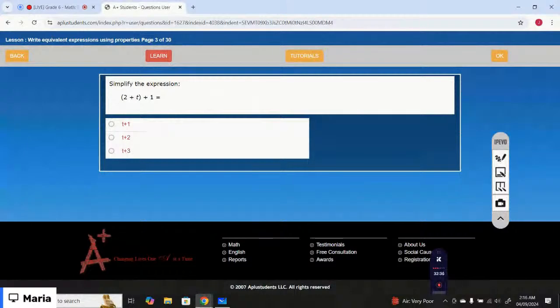Which is the correct option? Very good. That is t plus 3. Option number 3 is the correct option.